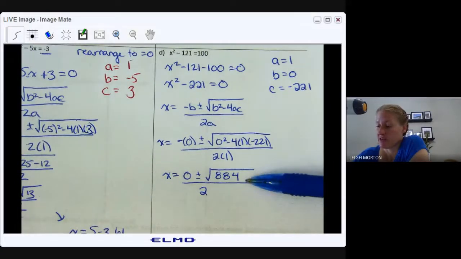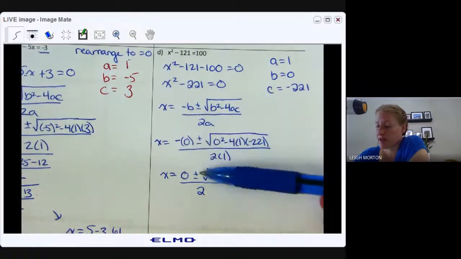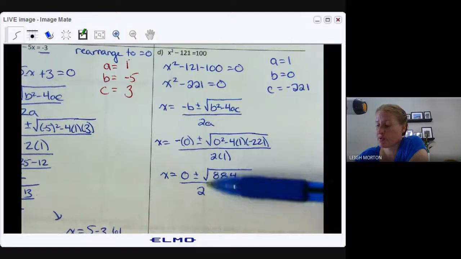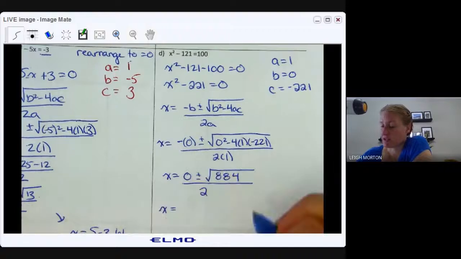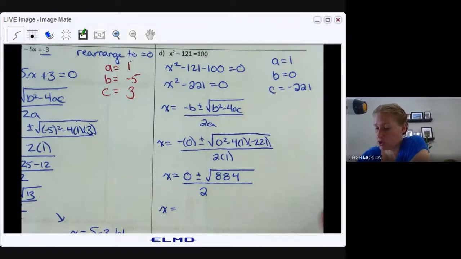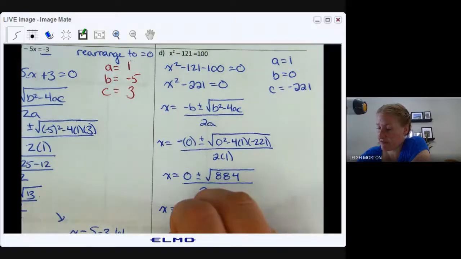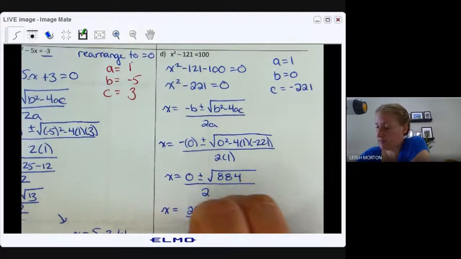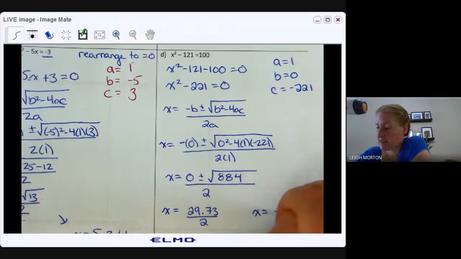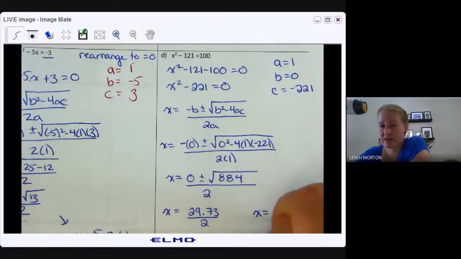All right, so I'm left here with x equals 0 plus or minus the square root of 884 divided by 2. So that's going to leave me with the square root of 884 is 29.73. So I'll have positive 29.73 divided by 2, or x equals negative 29.73 divided by 2.